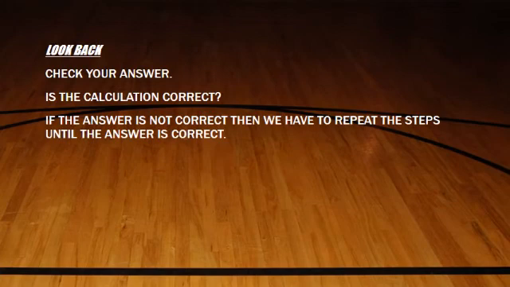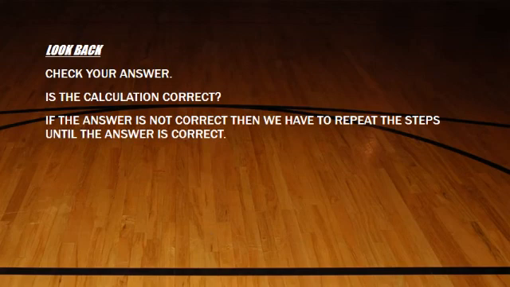The last and the final step is look back. Means check your answer. Is the calculation correct? The question is asking how many hats they have altogether. Altogether means put all the items together. We also call it addition.